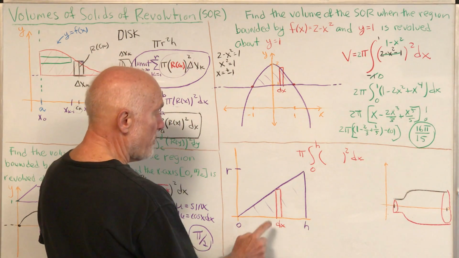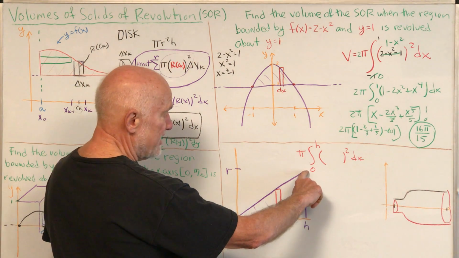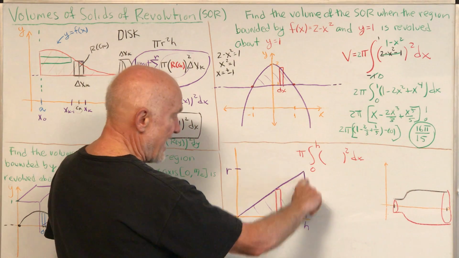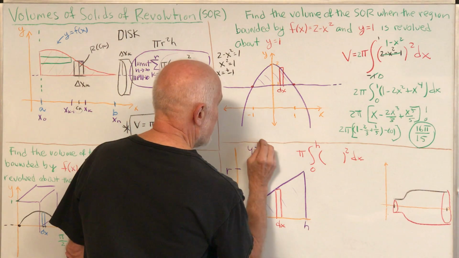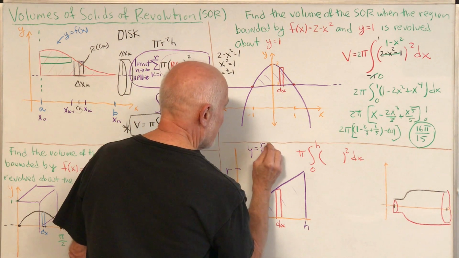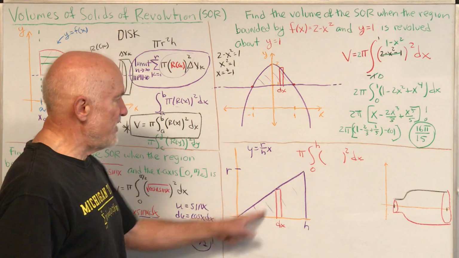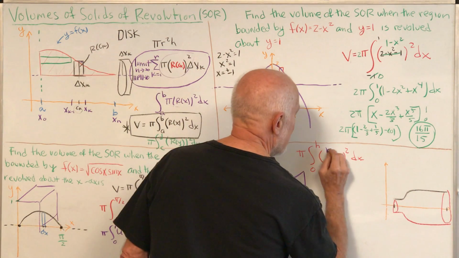And what's the slope? The rise over the run is r over h. So y equals r over h x. That's the equation of that line.